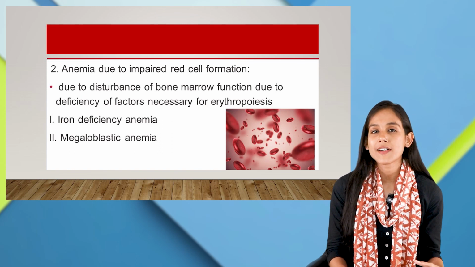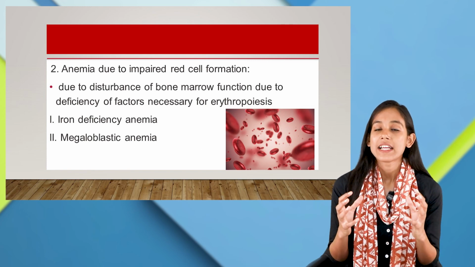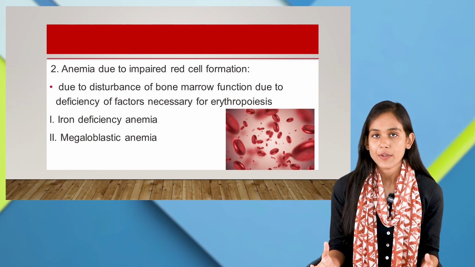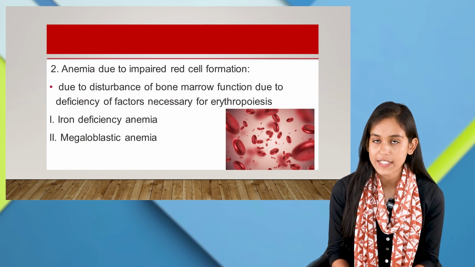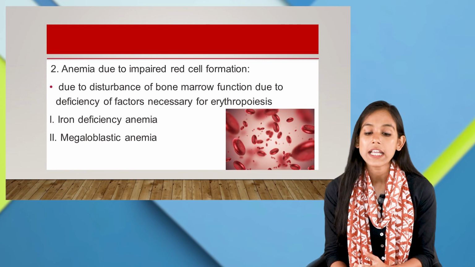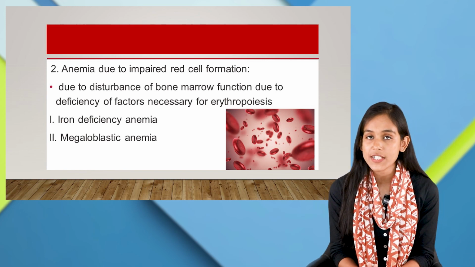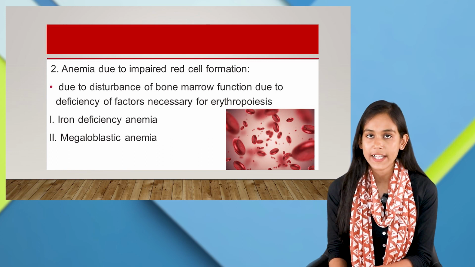So the factors required for erythropoiesis are not enough, and that is the reason there is disturbance in the bone marrow function, and because of that, iron deficiency anemia and megaloblastic anemia happen.